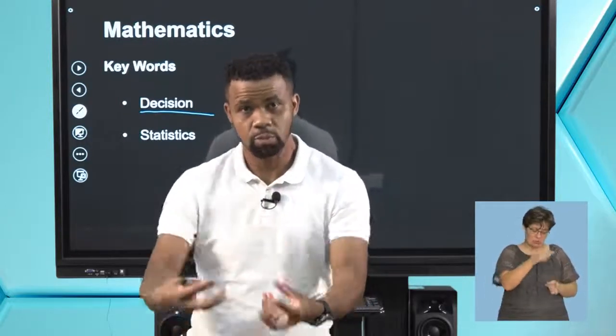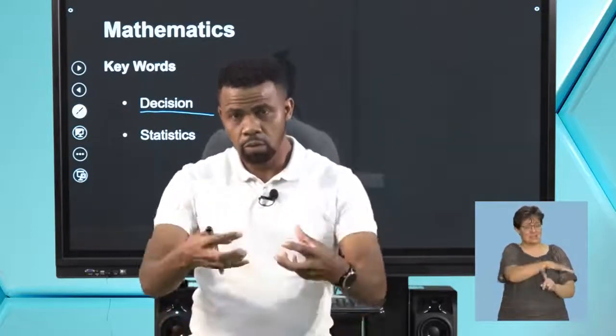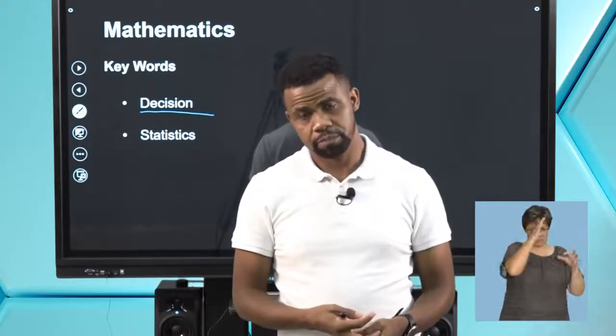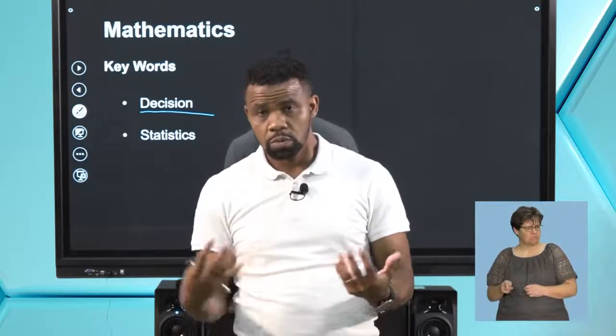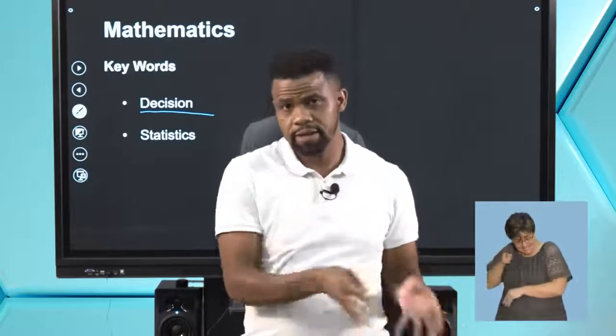But finances might force you to take that kind of decision. It doesn't mean what we want. Sometimes circumstances will force us to make that kind of decision. But in statistics, when we make a decision, we look at the mean, average, all those kinds of things and arrive at some conclusion based on that. That's another form of making decisions.